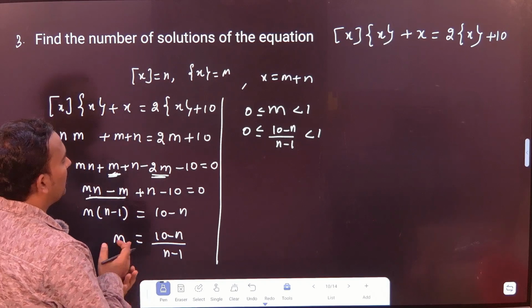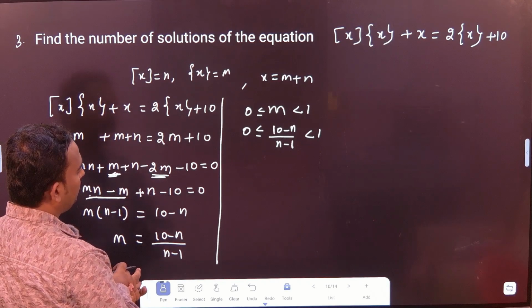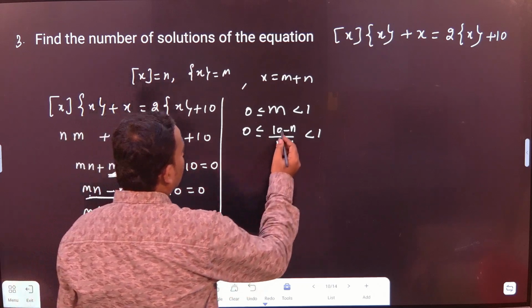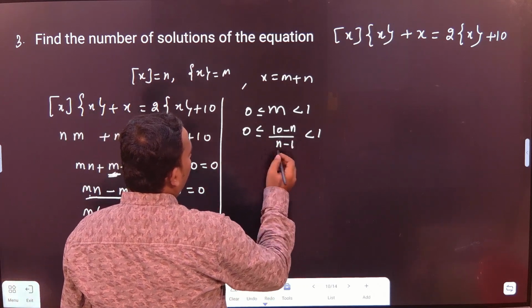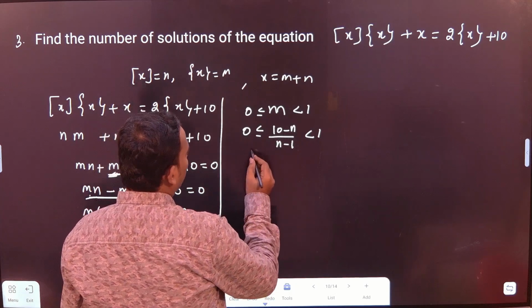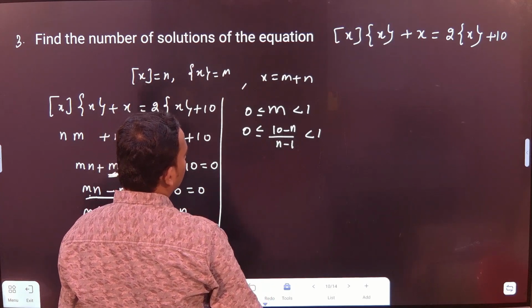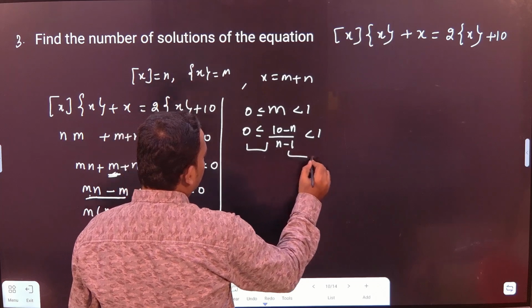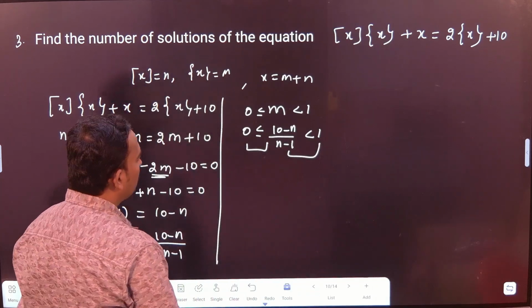How to find the n value here? Okay. You can see, student. So here n is any number, no? So you cannot solve it like this. You can see this, you can split it, right? You can split this one.